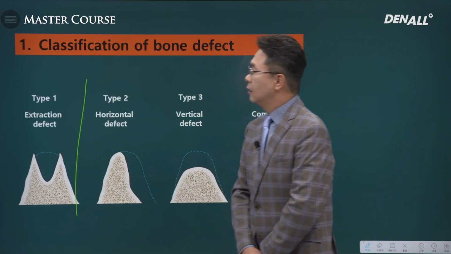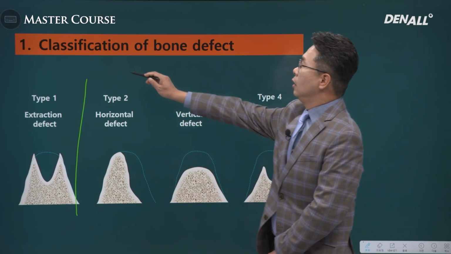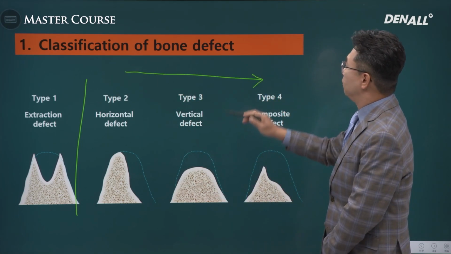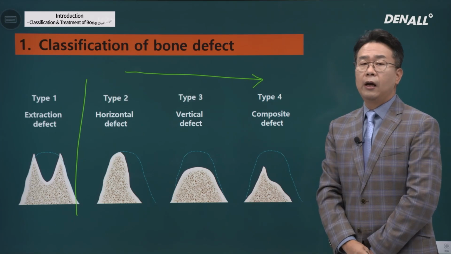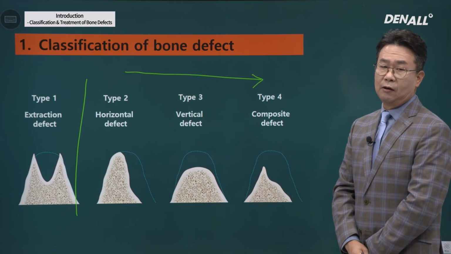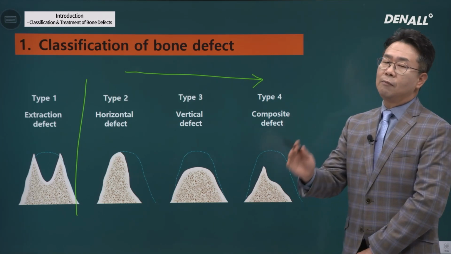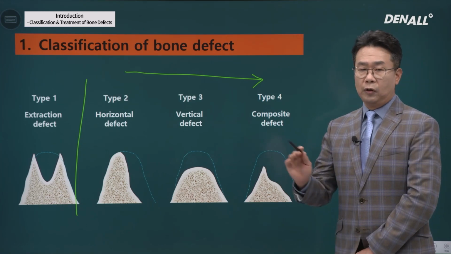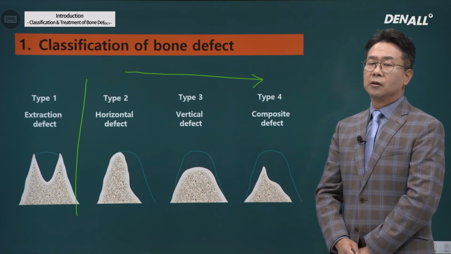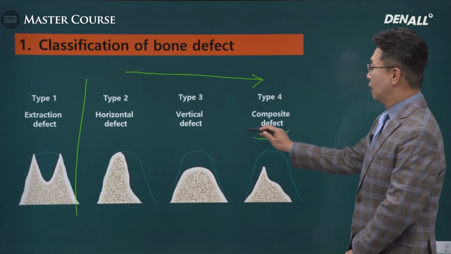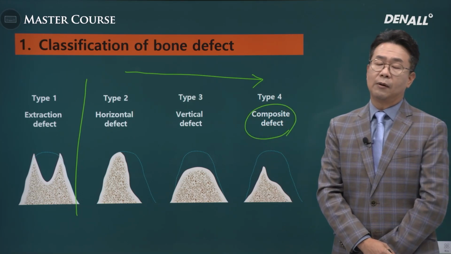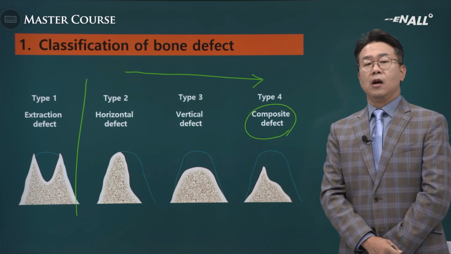Type 1 refers to extraction socket. From type 2 to type 4, this shows different stages of changes the extraction defect goes through after extraction: horizontal defect, vertical defect, and composite defect. This is the classification.